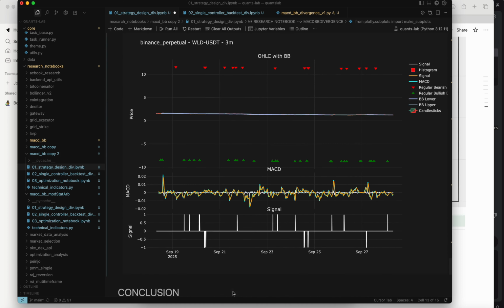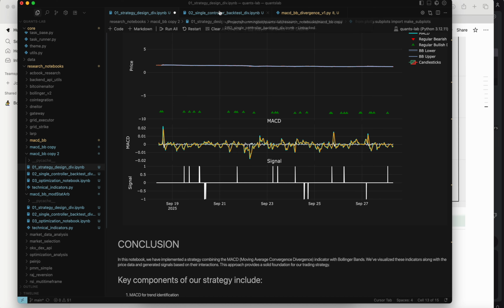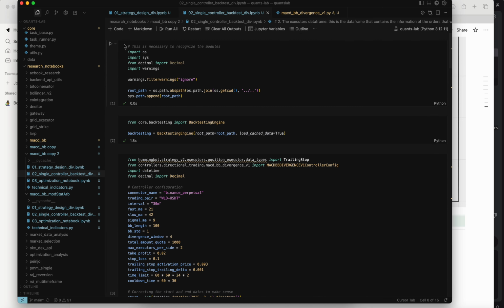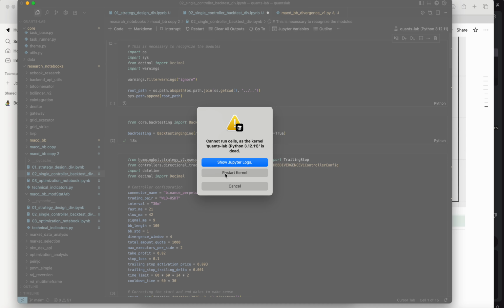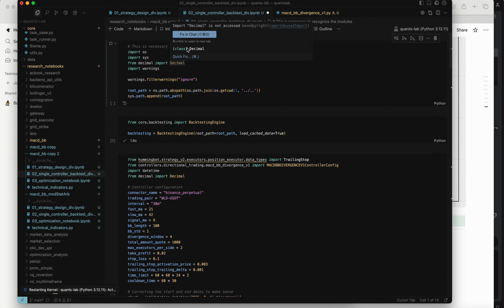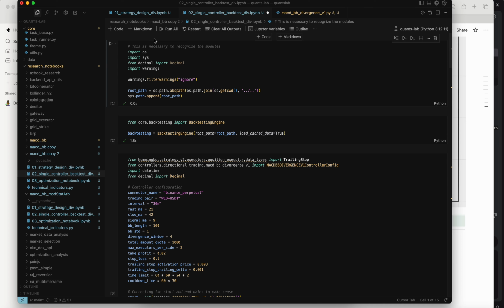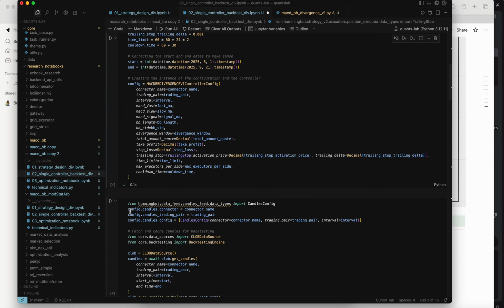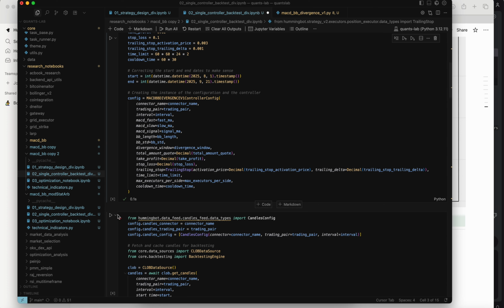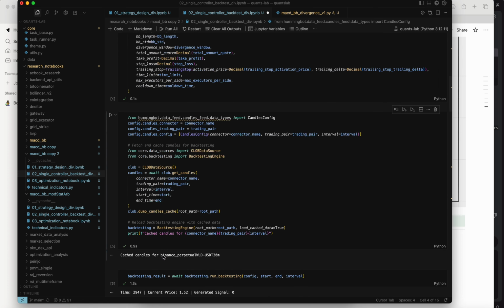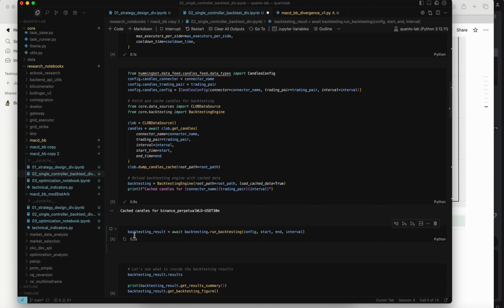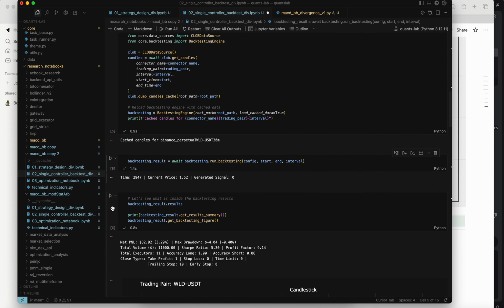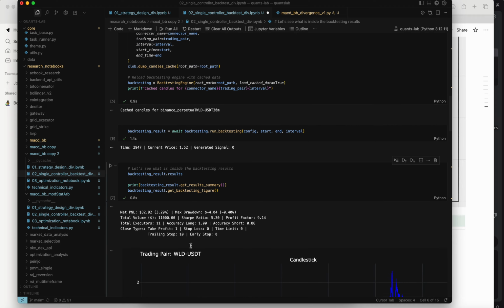Okay, then let us go to the backtesting. I'll restart the kernel. So this is on the WD USDT coin. Run the backtesting engine, summary.